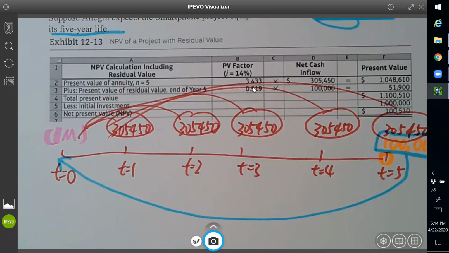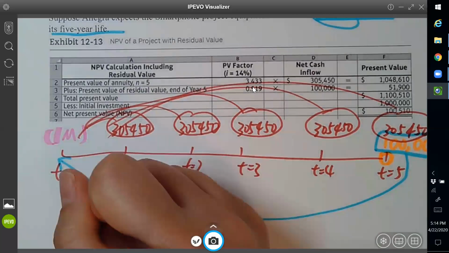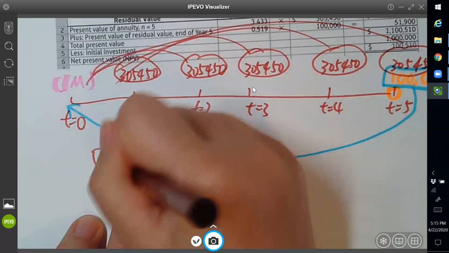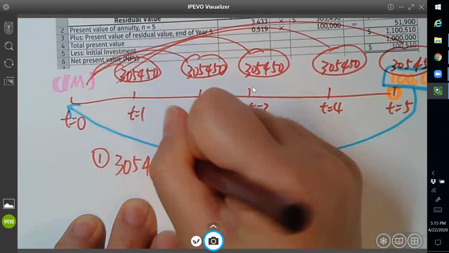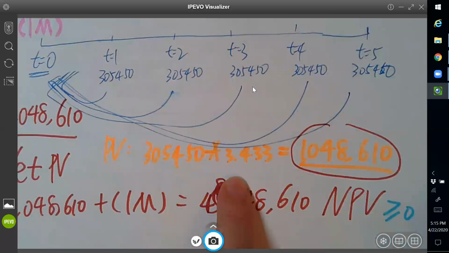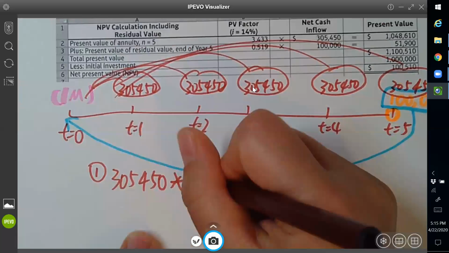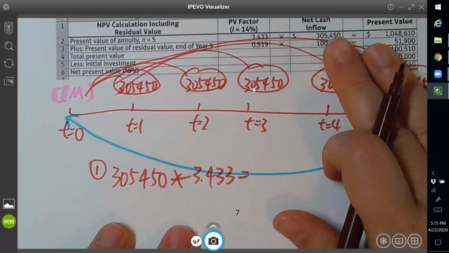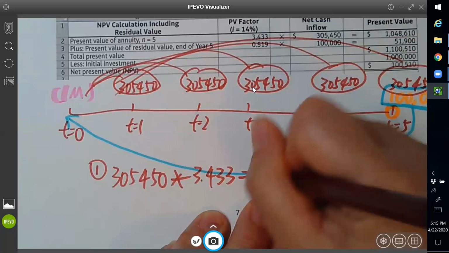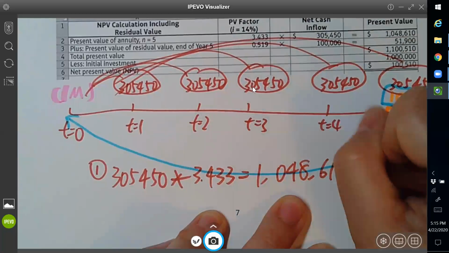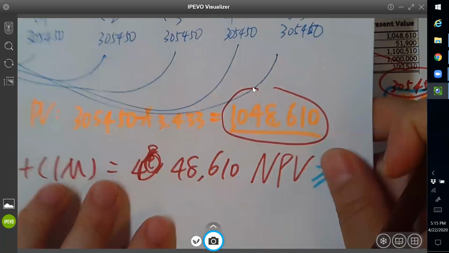The first set is still 305,450 times the discount factor 3.433. You get the present value of this set of future cash flow. You already got this number, so I don't want to repeat it.